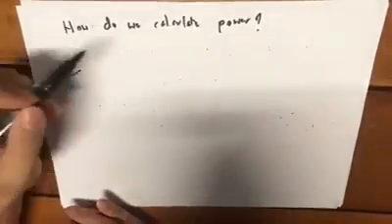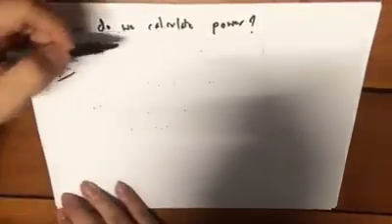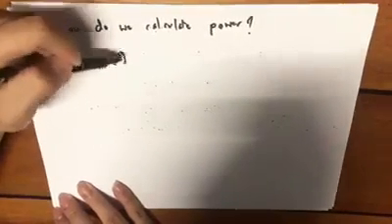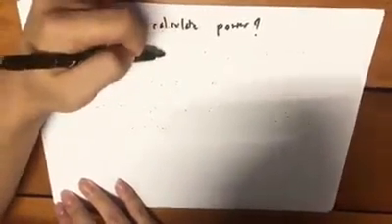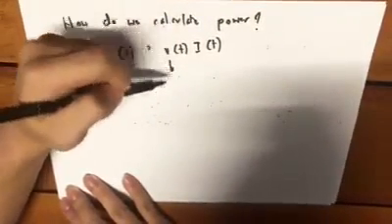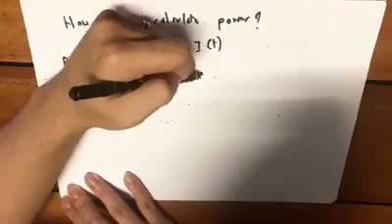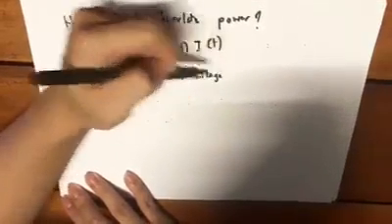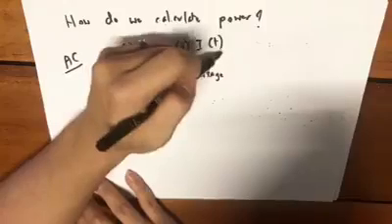So power is going to be a function of time. So P(t) is going to equal V(t) times I(t), where V(t) is the function of voltage and I(t) is a function of current.